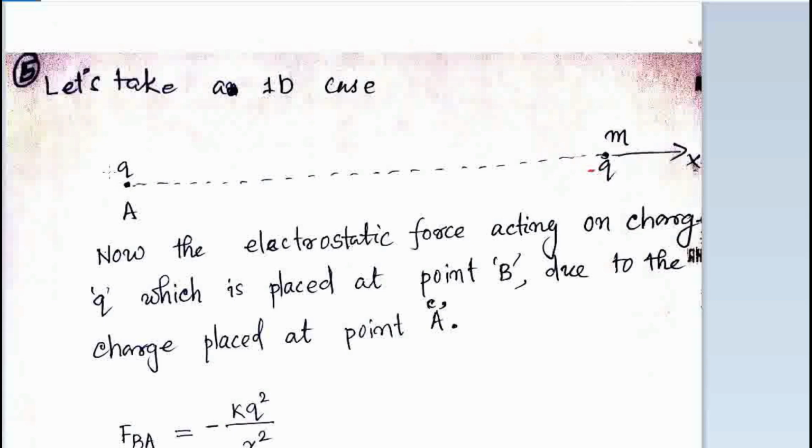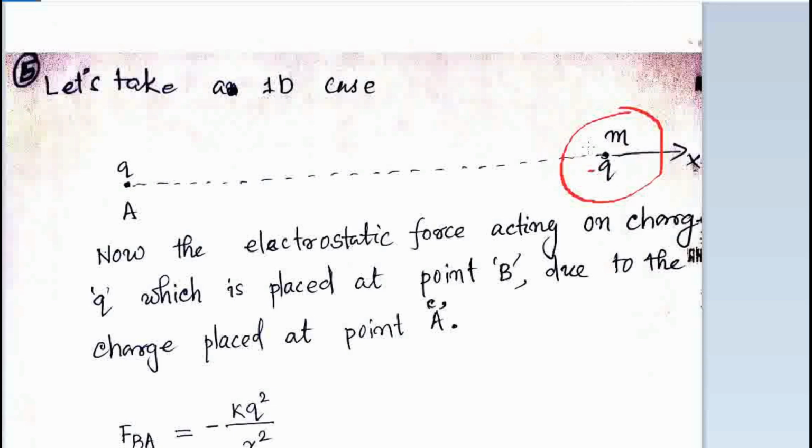As this is a positive charge and this is a negative charge, this negative charge is coming towards this positive charge. Why is this positive charge not coming towards the negative charge? Because this positive charge has a large mass.